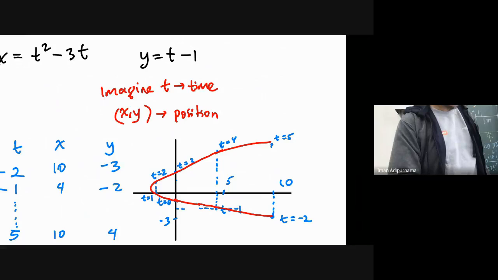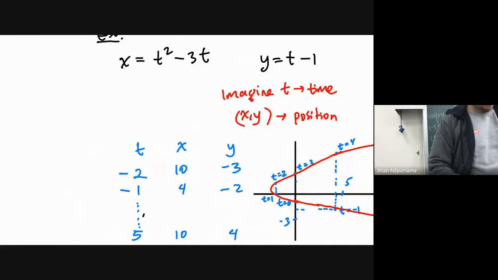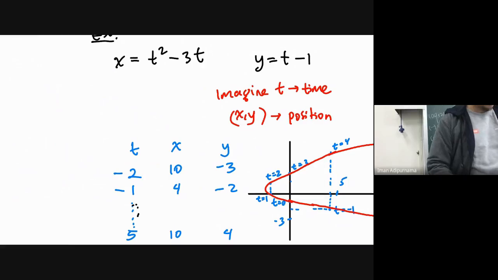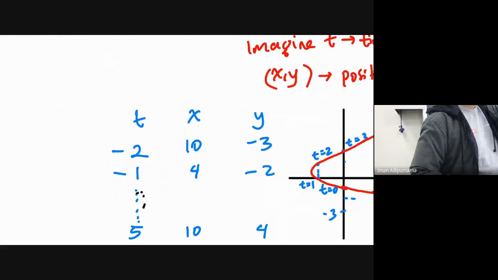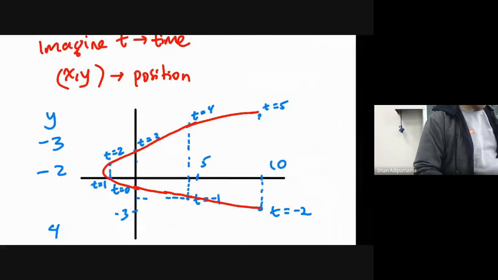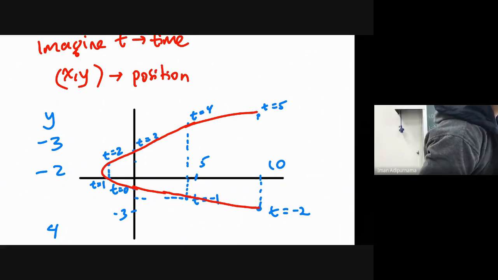So basically this is just plotting from any t you want. I'm using negative 2 because I want to make the curve symmetrical. But I think my drawing is bad.